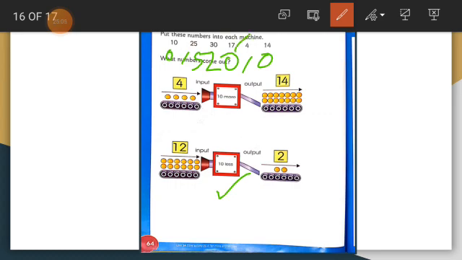Okay, look at this one, the number 4. 4 is less than 10. So we are not able to subtract 10 from 4. Fine, so you will leave this number, because 4 is less than 10. From the small number, we cannot subtract the big number. Is this clear? So you will not write down the answer for 4. Okay, now subtract 10 from 14. What is the answer? 4 is the answer.